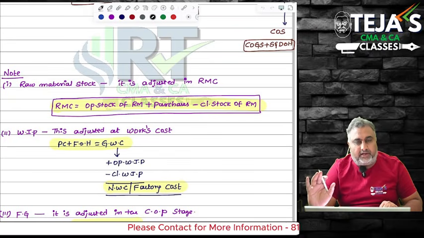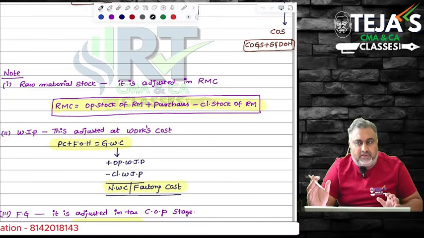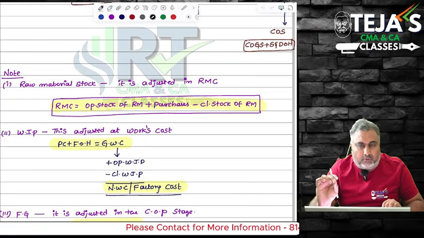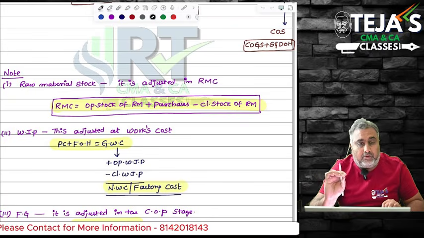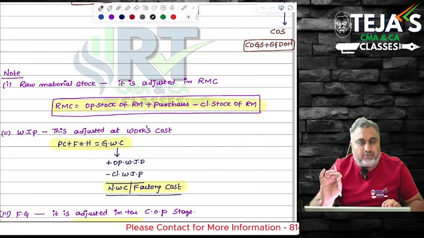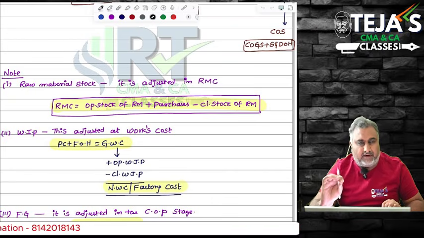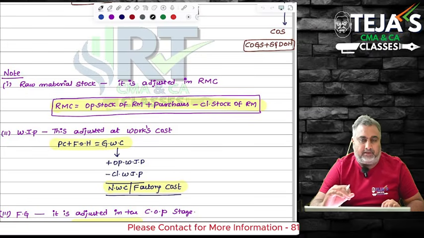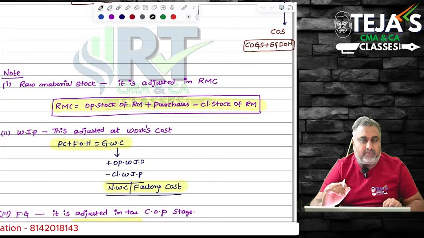After you calculate prime cost, our next adjustment is factory overheads. Which things are covered under factory overheads? The indirect portion of expenses we incur related to the factory, up to factory level, and only indirect expenses should be covered under factory overheads, like factory rent, factory supervision, indirect wages, indirect material, depreciation on plant and machinery, power consumption.